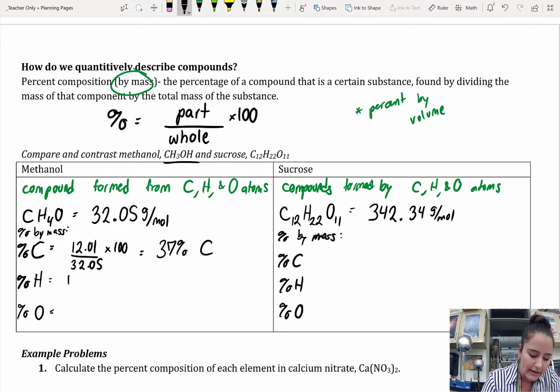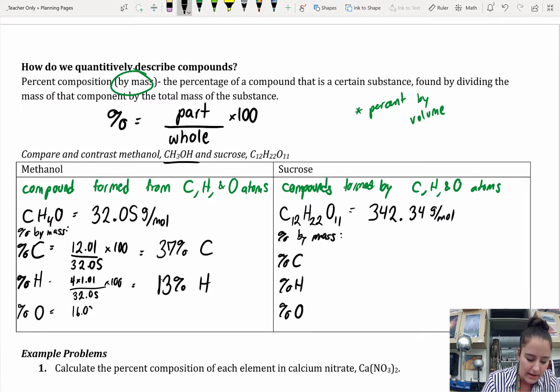We have 4 hydrogens, so that's going to be 4 times 1.01 over the whole, 32.05. And we have about 12.6, I'm just going to round and say 13% hydrogen.